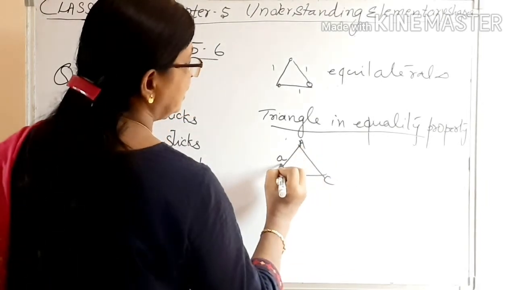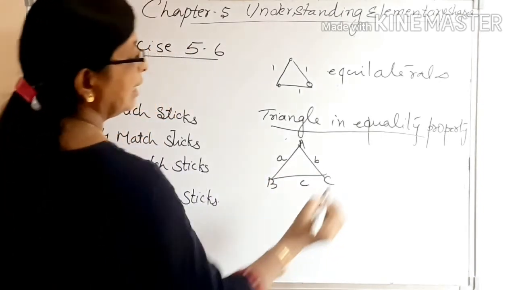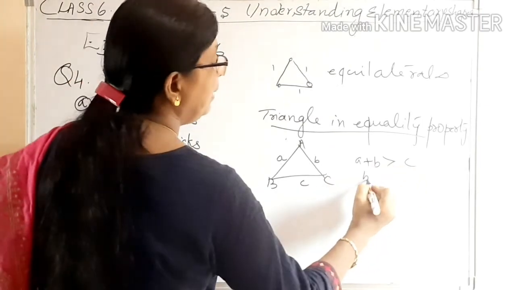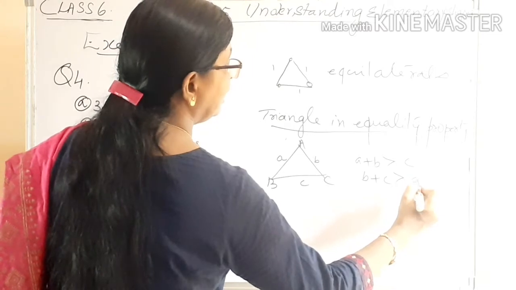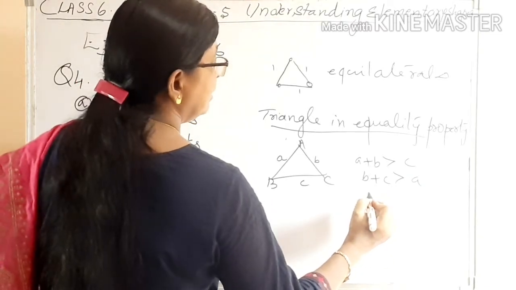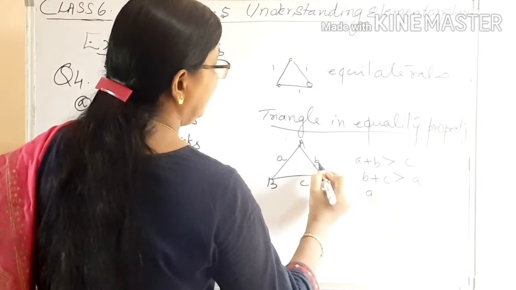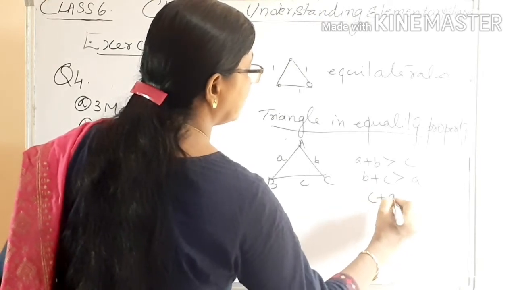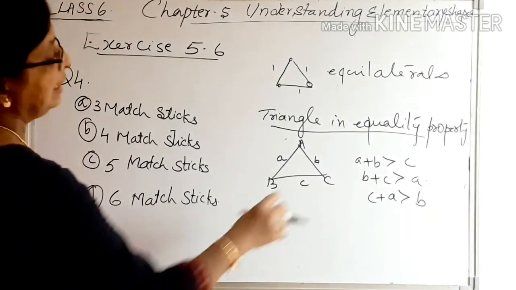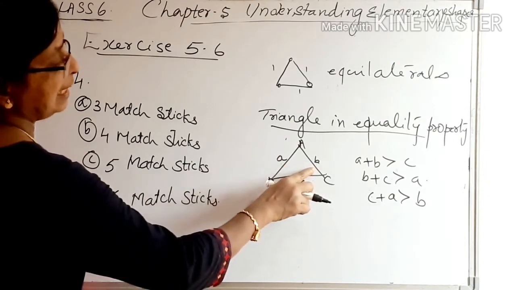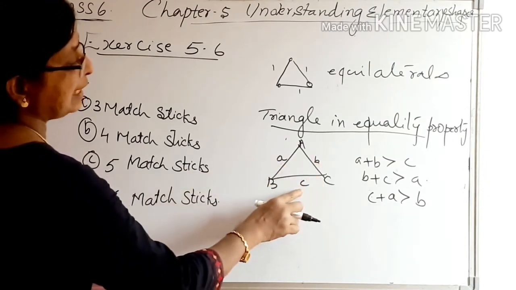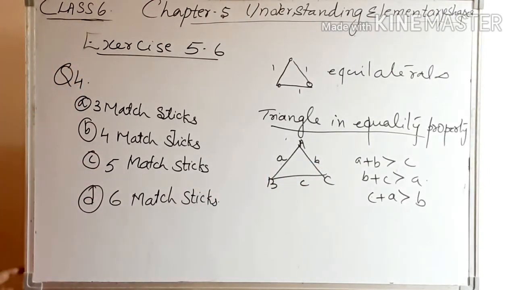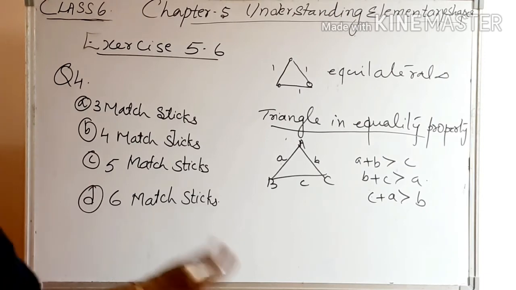Lengths of the sides: this side is A, this is B, this is C. A plus B is always greater than C. B plus C is also greater than A. C plus A is also greater than B. Any 2 sides when we are adding, that should be greater than the third side.